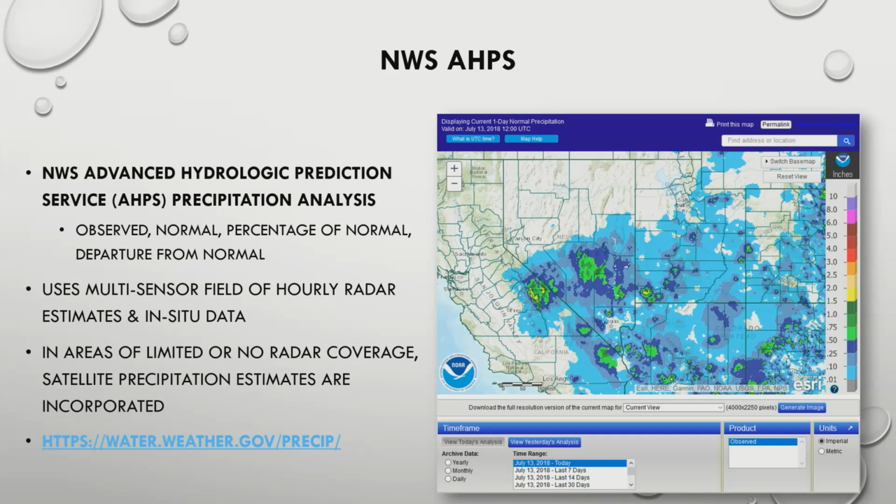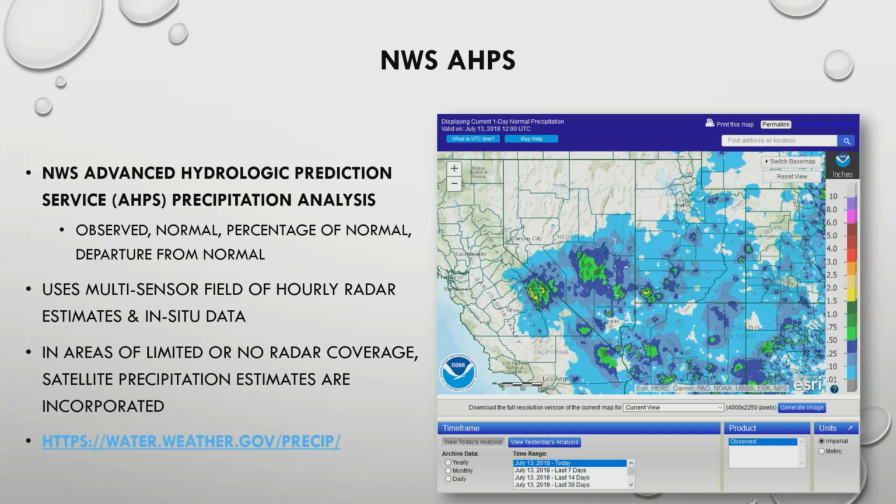You can download geotiffs and pull them into GIS if you wanted to look at that data, but you can also look at it in a variety of different time frames, which is nice, starting with the current day and going back. I think it goes back to the beginning of the calendar year and then water year as well.